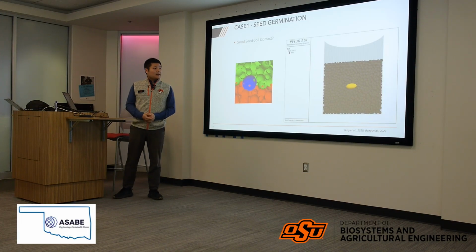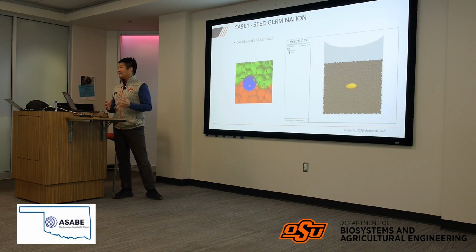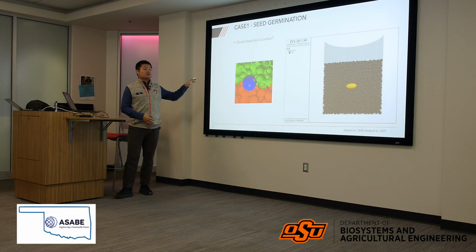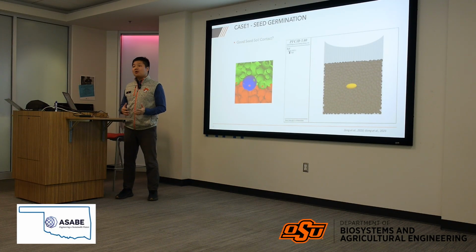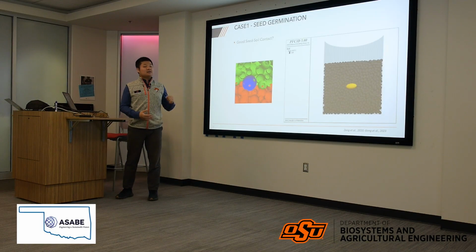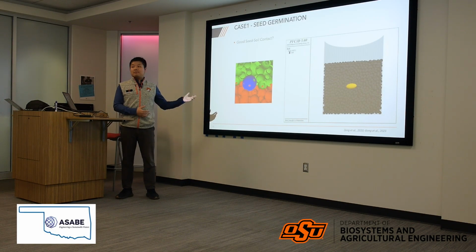Many manufacturers say their machine is really good at maintaining or creating good seed-soil contact, but this is also a really understudied topic. How do you actually quantify seed-soil contact, and how is that related to your machine performance?